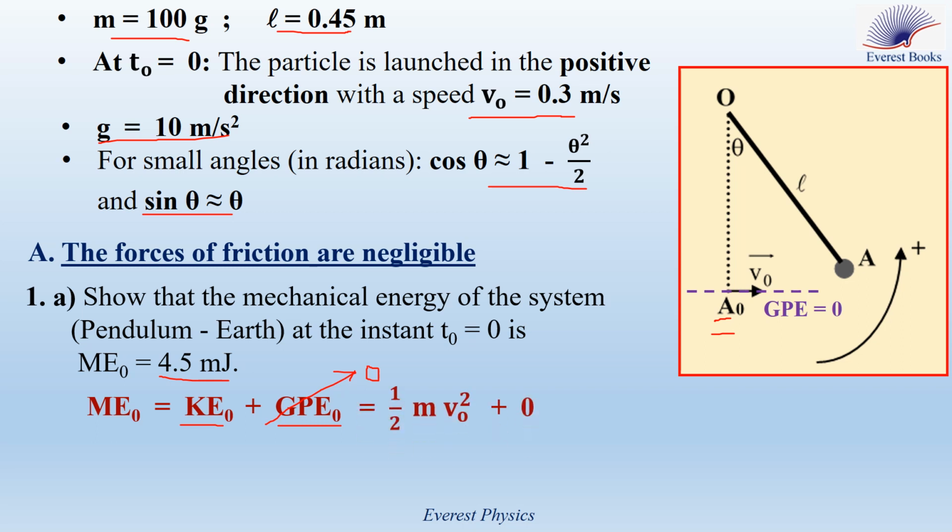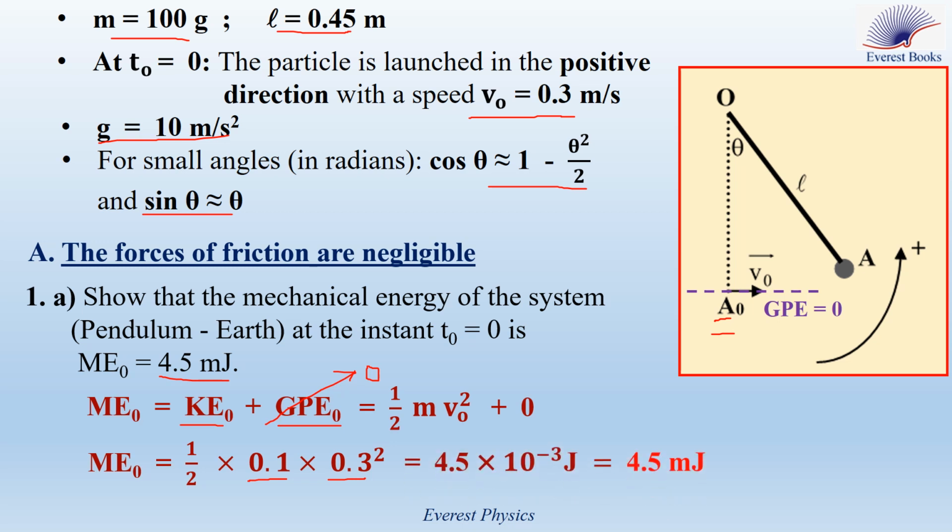Therefore, we still have the kinetic energy, whose expression is 1/2 m v0 squared. The mass of the particle is 100 grams. It is equal to 0.1 kilograms. The speed is 0.3 meters per second. Therefore, the initial mechanical energy is equal to 4.5 times 10 to the power minus 3 joules, which is equal to 4.5 millijoules.